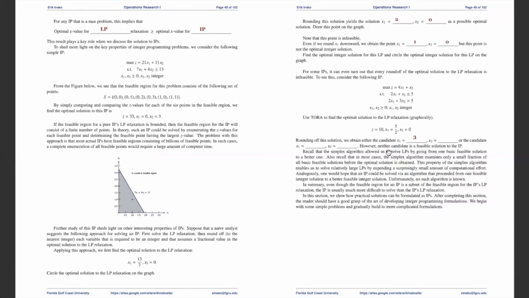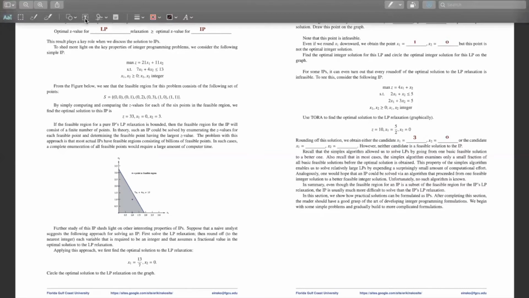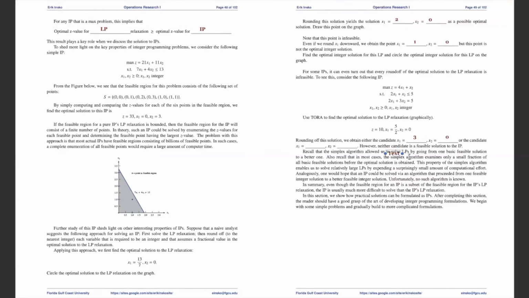But if we plug those back into the subject to portion, we see that 2 times 3 plus 0 is 6, and it's not in the feasible region. And then also, if we plug in 2 times 2 plus 0, it's not equal to 5. So both of those are not in the feasible region.